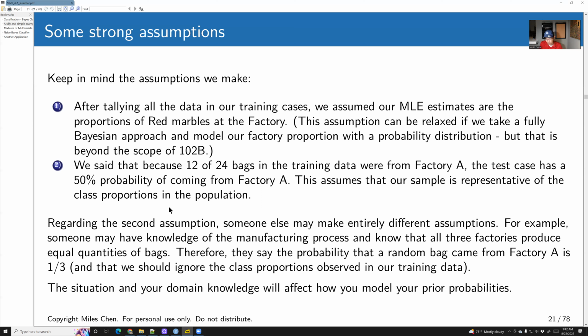And so when you buy a bag of marbles, you have an equal chance of it coming from factory A, B, or C. And if you have that knowledge, you can incorporate that. You would just say, okay, before I even open a bag, I'm going to assume there's a 1/3 chance that it comes from factory A, or 1/3 chance that it comes from factory B. So we can use that. Your specific domain knowledge will affect how you model these prior probabilities.